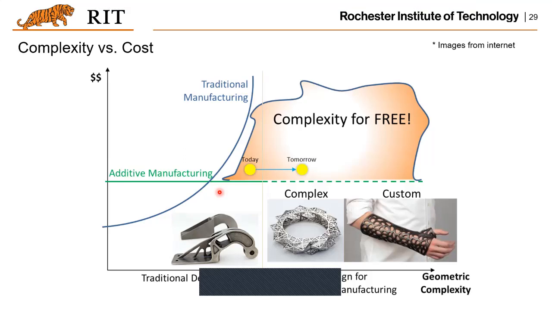So when you decide whether to go with additive or traditional manufacturing, think about the geometric complexity. If it is very complex, definitely go with additive. Otherwise, traditional manufacturing may have more advantage. So we need to be very careful about this when deciding the manufacturing process for your design.